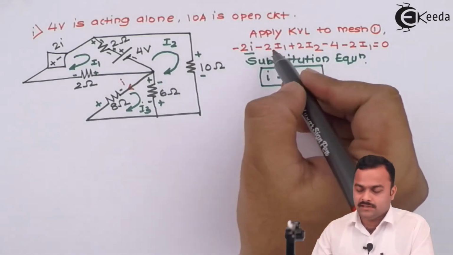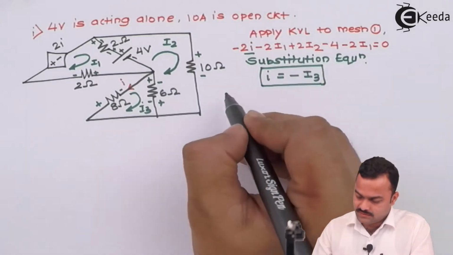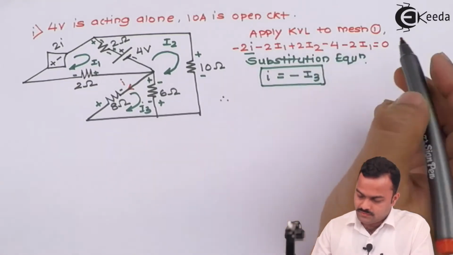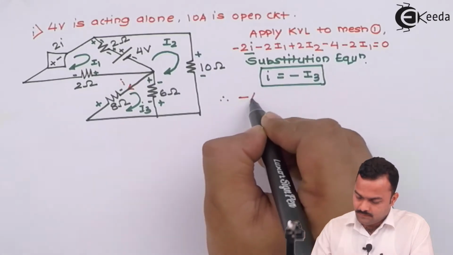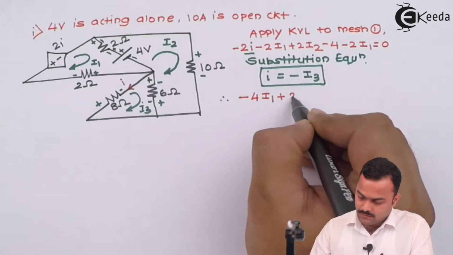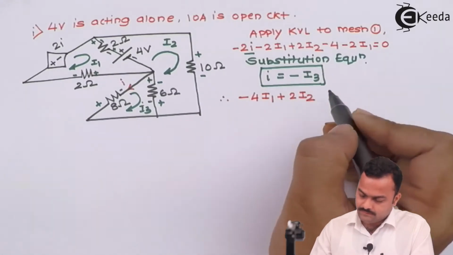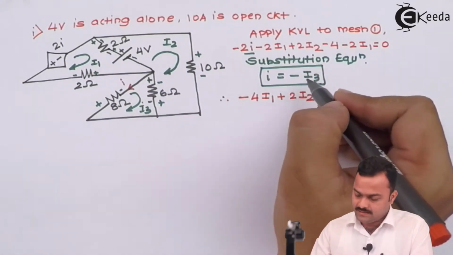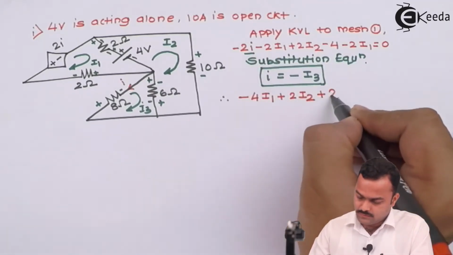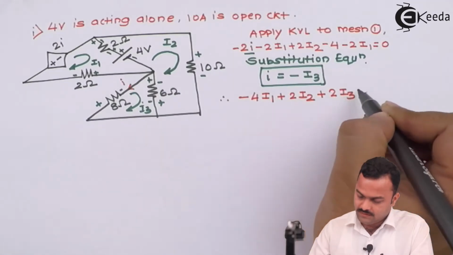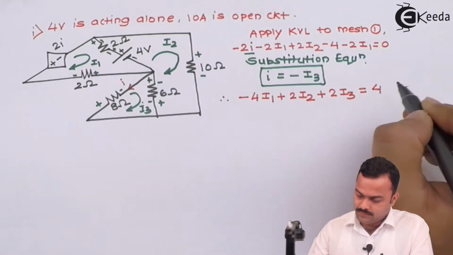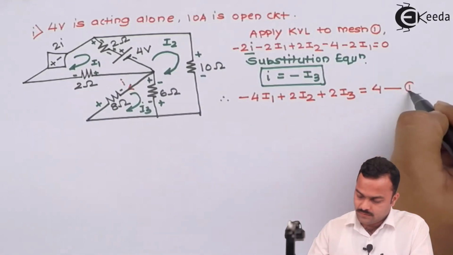Simplifying the rest, I get the equation minus 4I1 plus 2I2 as it is, plus 2I3, with the constant on the other side of the equation plus 4, equation number 1.